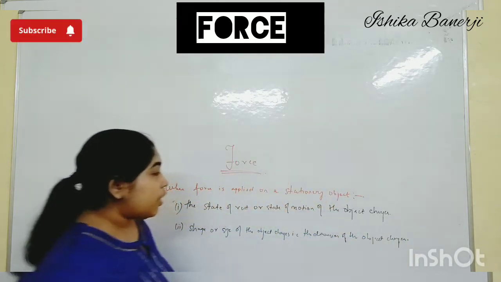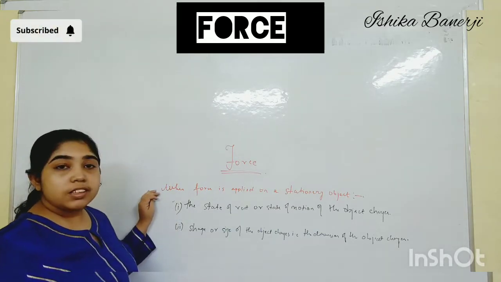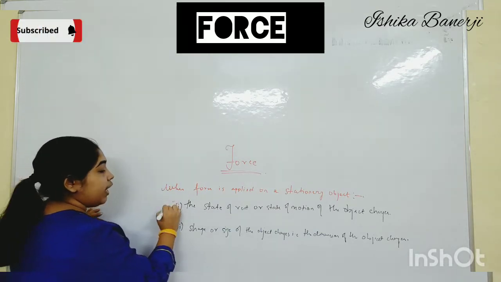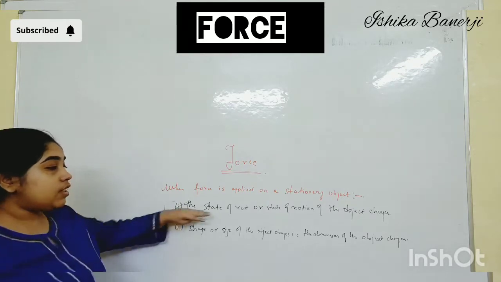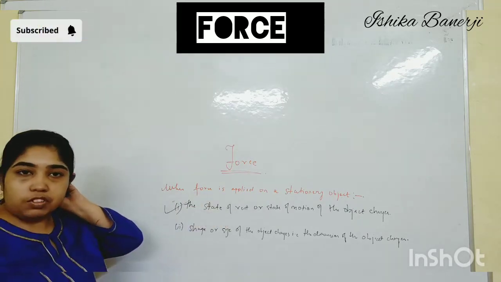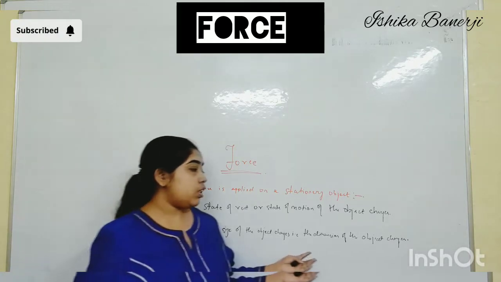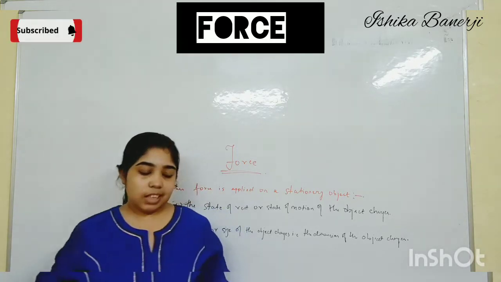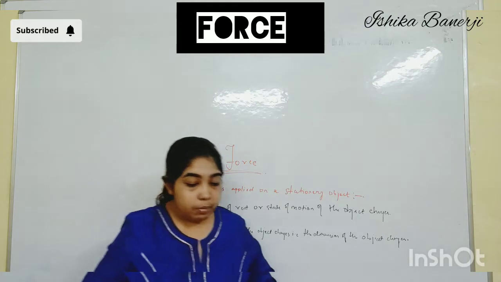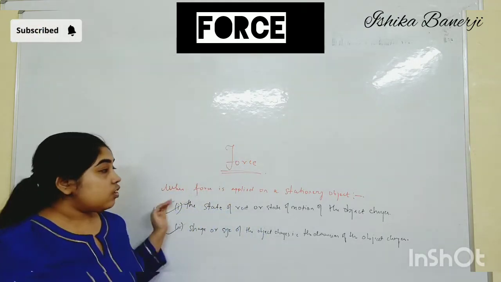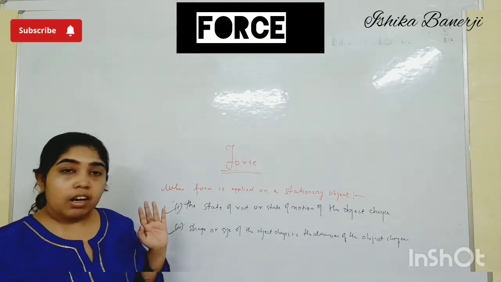Clear? Already explained that if force is applied on any object, then the state of rest or the state of motion will change, or the shape or the size of the object will change. Shape and size basically means the dimension of the object is being changed. So these two things happen when force is applied.